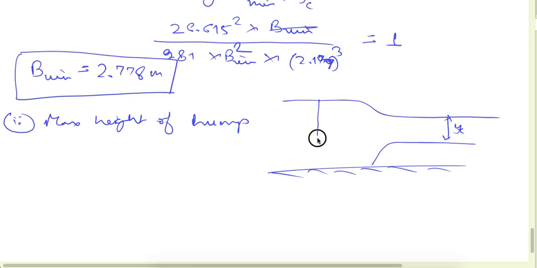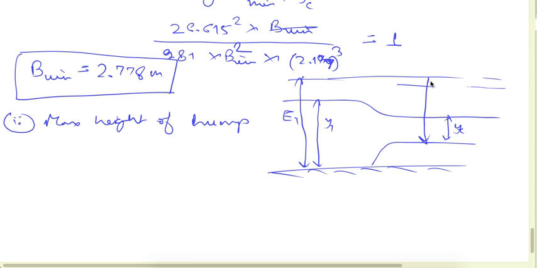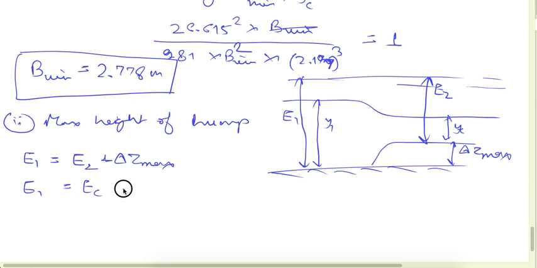This depth will be YC, this depth is something Y1, and so here energy is E1 and here energy will be E2, and this is delta Z max. So from the energy equation we can write it as E1 is equal to E2 plus delta Z max, and for the maximum height of hump E2 is equal to EC.